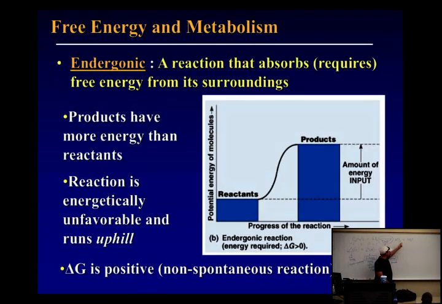So now, if the arrow's that way, what are these called? These are the reactants, these are the products. So what has more energy, the reactants or the products? Products. So this drawing shows that the reactants have less potential energy than the products. Remember, energy can't be created or destroyed. So how do we get this to be that?